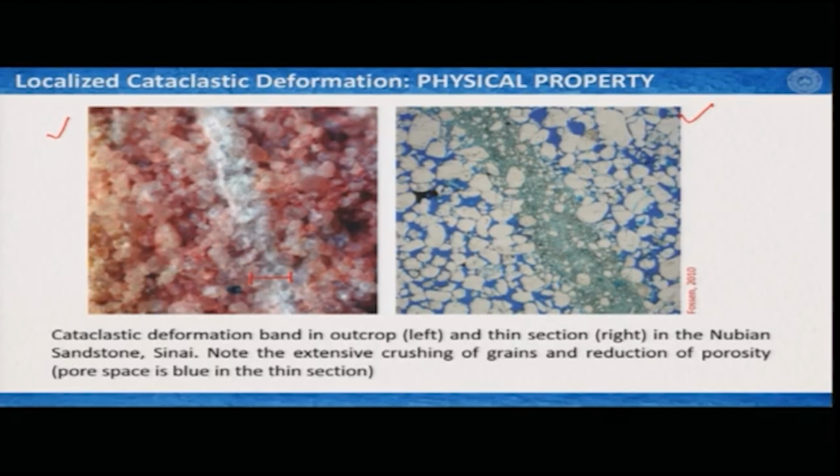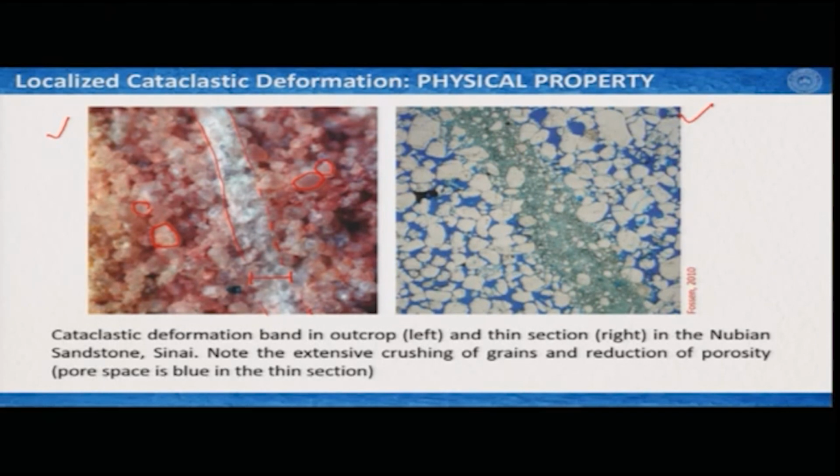The photograph was taken by Professor Foyson. You see these little grains here, and then along this narrow zone something got really crushed, just sort of pulverized. And the thin sections also reveal the same feature.